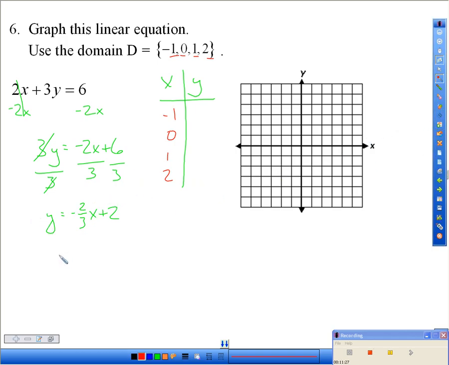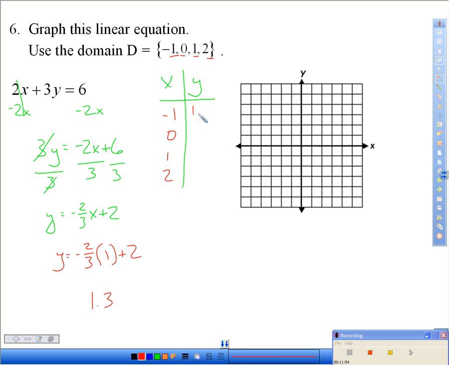So we're going to do y equals negative 2/3 times 1 plus 2 and see what we get. Well, it's going to give us negative 2/3 plus 2, which would be 1.3 repeating.